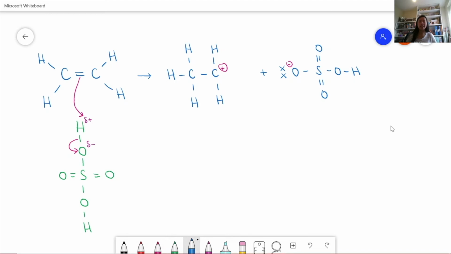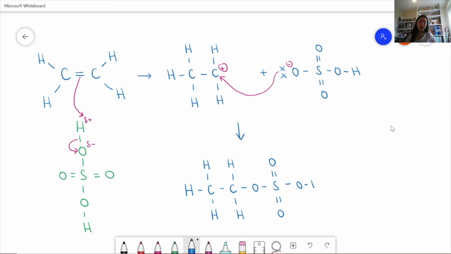Now what happens is exactly the same as for all the other electrophilic addition reactions. We get these two electrons which are attracted to this positive carbon and so form a bond. And so what we form is this ethyl hydrogen sulfate, which is CH3, CH2, O, S, and then double bond O, another double bond O, OH.